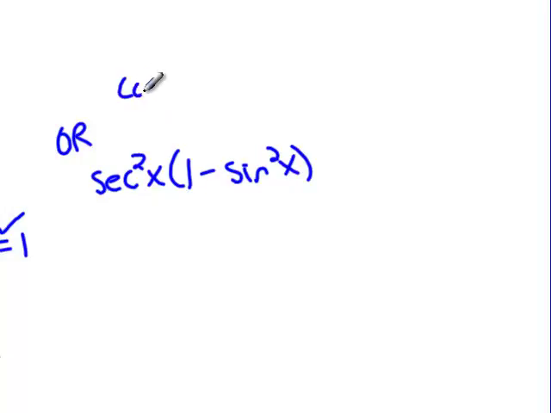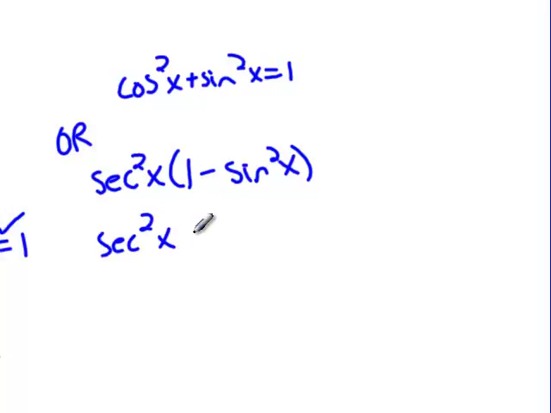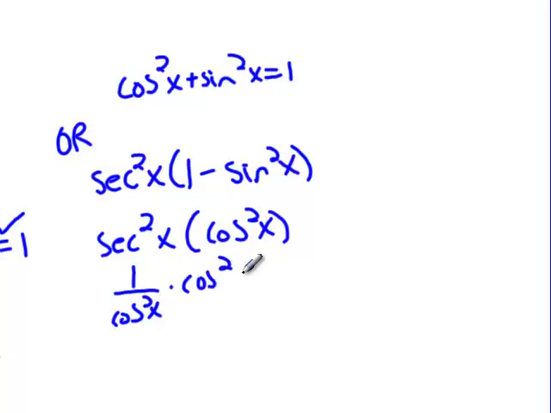From that Pythagorean identity, cosine squared x plus sine squared x equals 1, then 1 minus sine squared is equal to cosine squared. And we have secant squared, which is the reciprocal of cosine squared. So that's 1 over cosine squared times cosine squared, and those cancel, and we also get 1.